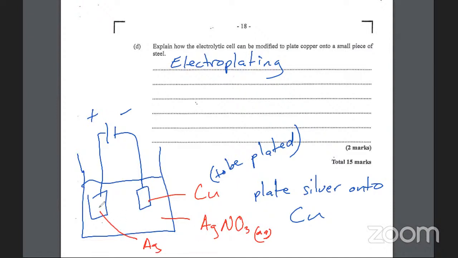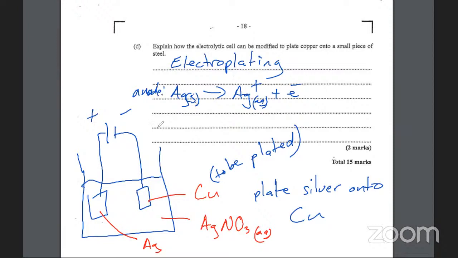What is going to happen? Silver is a metal, which means it is an active electrode. So the silver atom is going to be oxidized to give silver ions. So this is what will happen at the anode, just like above with copper.